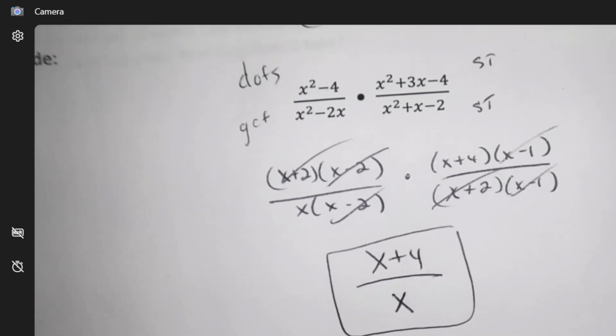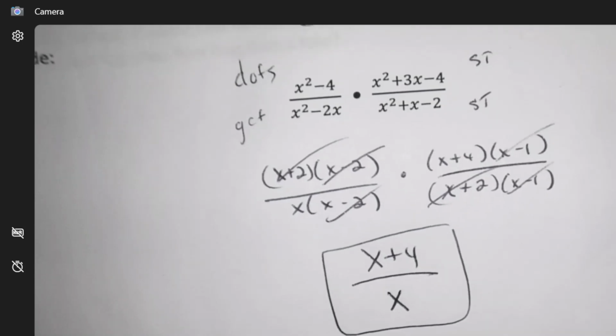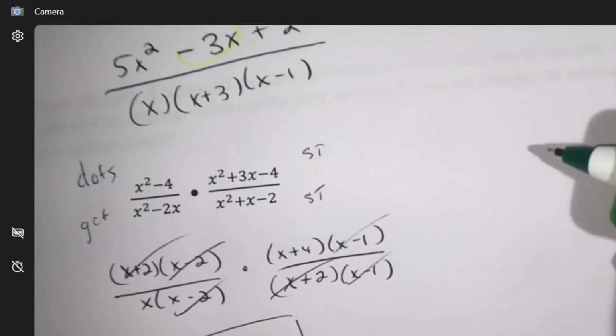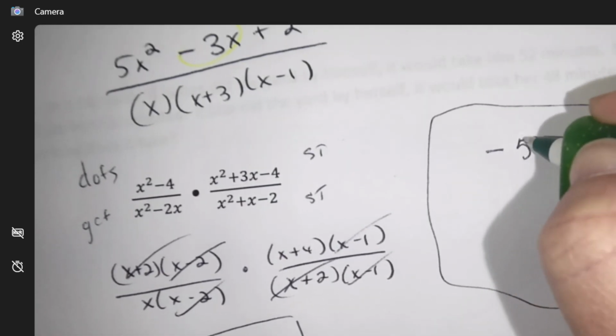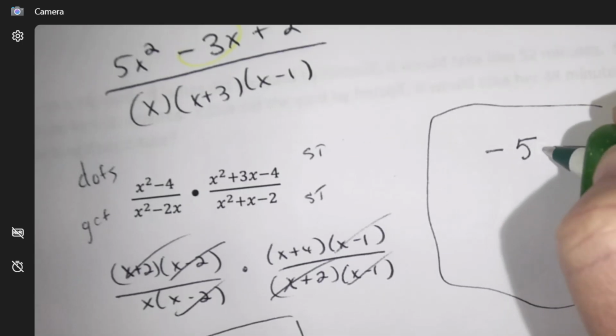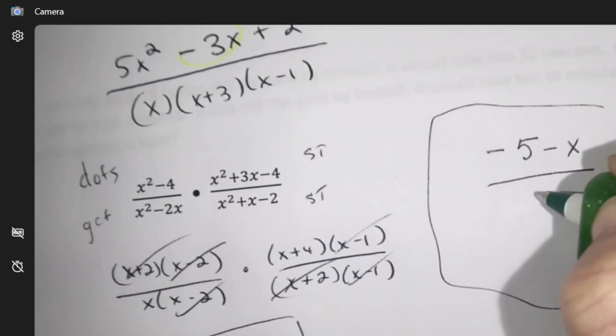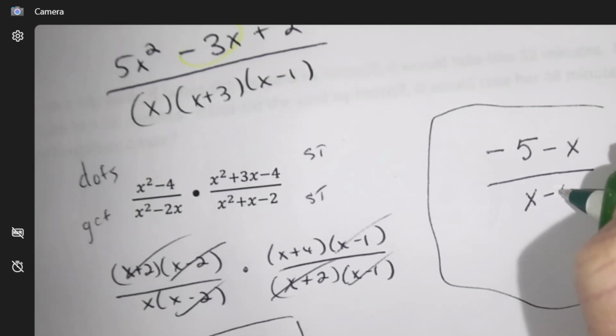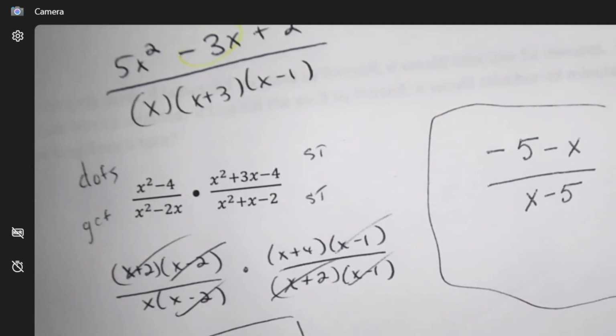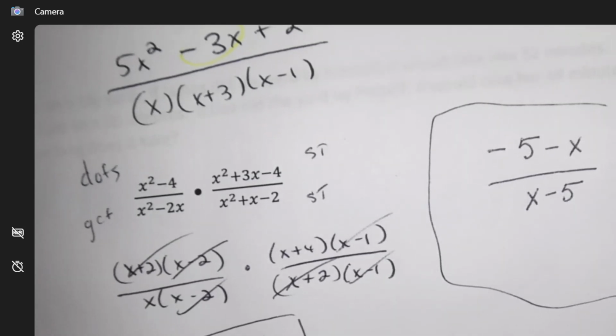When you cancel, it has to be like the exact same expression, like x subtract 2, x subtract 2. Yep. I had this mistake quite often in this unit. People trying to cancel something that looks like that, that's not the same.